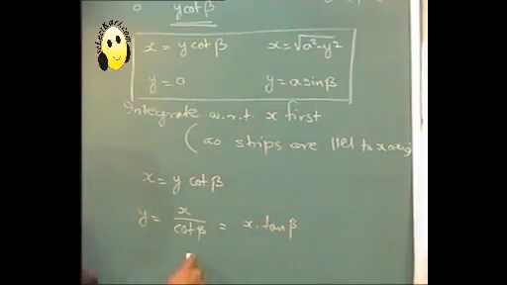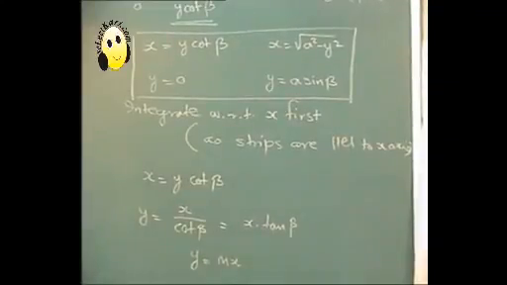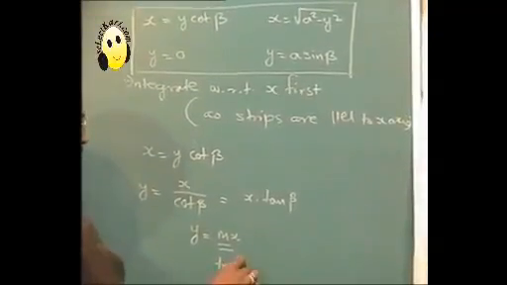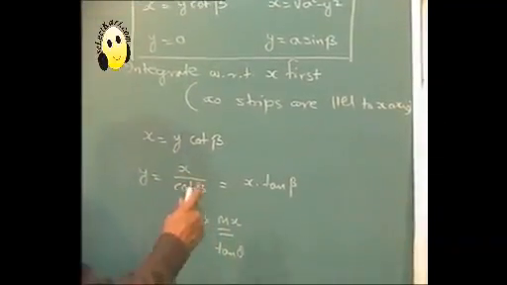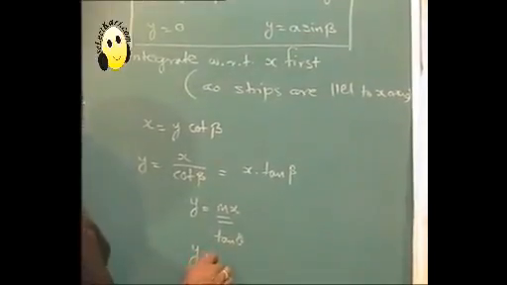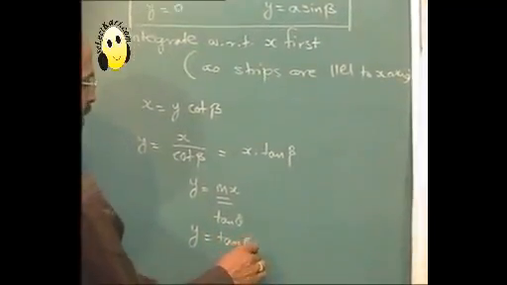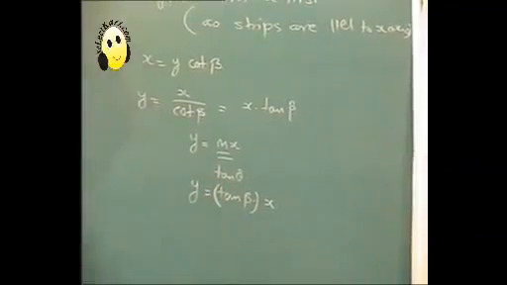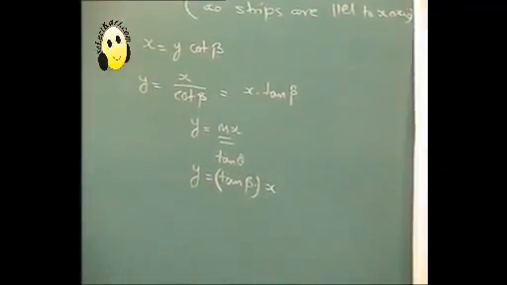We find the similarity between this particular equation and the standard equation of line y equal to mx, which is passing through origin. And if you recall, m is nothing but the slope of the line, which is normally written as tan theta. So we find that this particular line, which is y equal to tan beta into x, is a line passing through origin, which makes an angle of beta with x-axis.